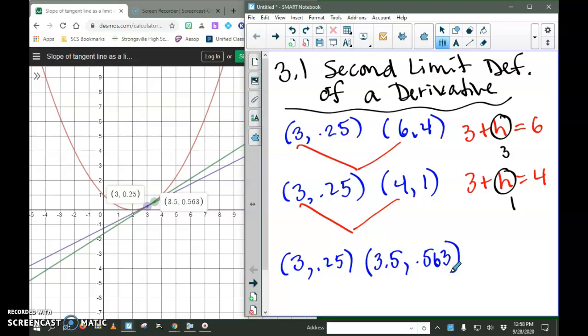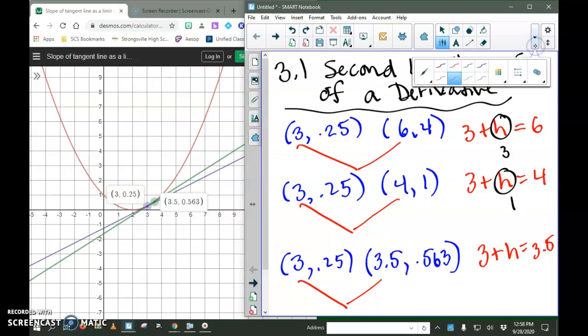And again, instead of focusing on the fact that my x value of 3.5 is getting closer to 3, I'm going to look at h, the difference between them. So 3 plus h is equal to 3.5. And again, h represents the distance between these x values, and that distance is 0.5.